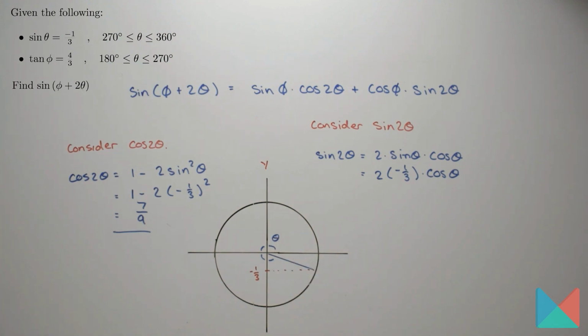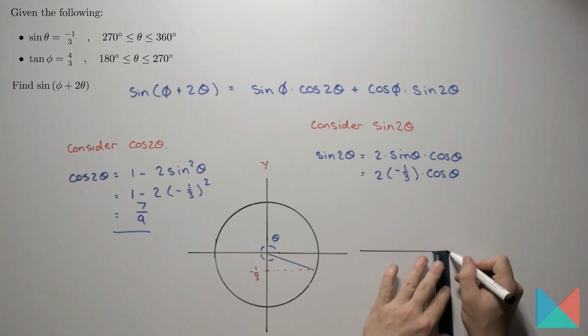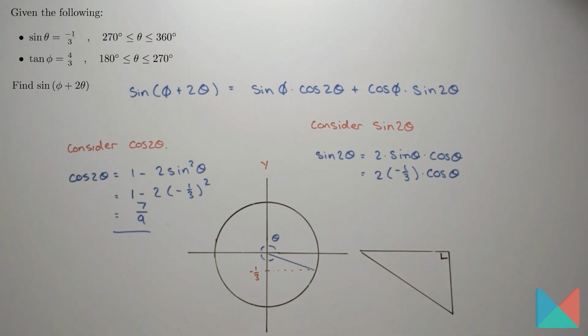Now what we can do is consider the right triangle created here. So let's draw a right triangle, and we can label in the sides. So we know that the height of this triangle will be of length 1/3, as we have to go down 1/3 along the y-axis. And we know that the hypotenuse, by definition of the unit circle, will be of length 1, as it is the radius.